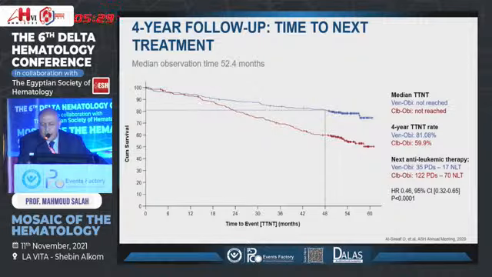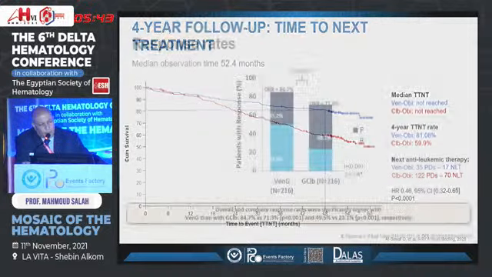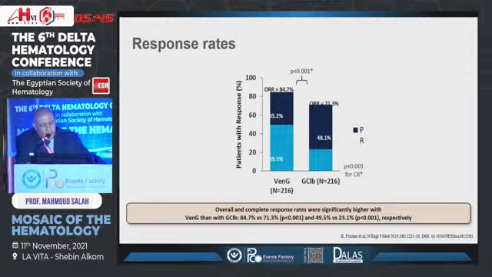And next anti-leukemic therapy with venetoclax obinutuzumab was 35, progression of the disease only, while in the obinutuzumab chlorambucil was 122, progression of the disease. Also, the overall and complete response rate was significantly higher with venetoclax Gazyva than with chlorambucil and Gazyva. It was 84% in the venetoclax Gazyva versus 71% in the chlorambucil and Gazyva.